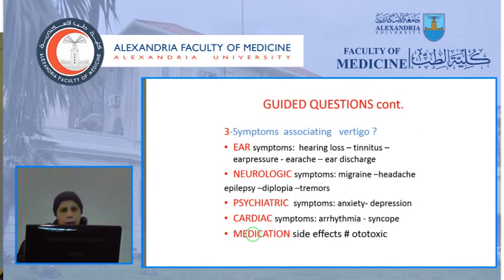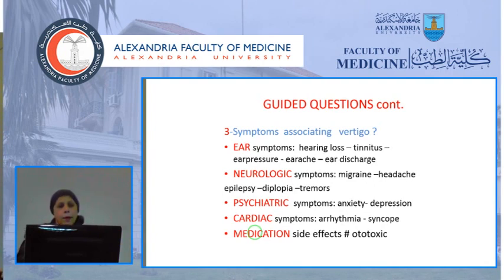The third guided question is, what are the other symptoms associated with vertigo? Because vertigo, or the sense of spinning or sense of fall or dizziness, may come from different sensory receptors and sensory organs. It may come from the brain, it may come from the ears, it may come from proprioceptive sensations.